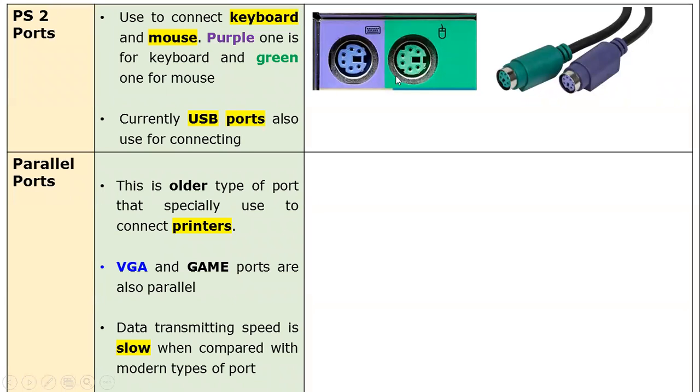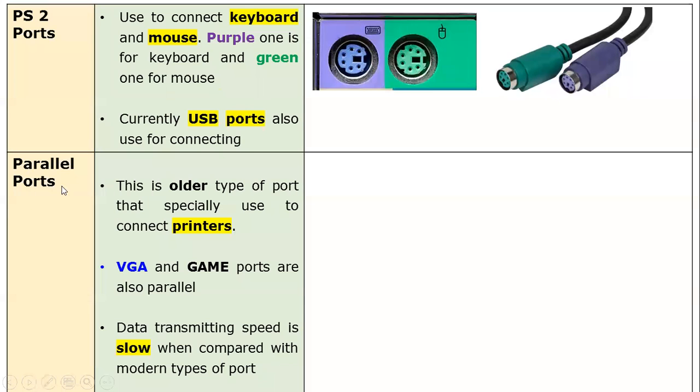In this diagram, on the right side there are two PS2 cables. The green cable should always connect with the green port. The purple cable should connect with the purple port. Remember that point. However, nowadays you can also attach the keyboard and mouse to the USB port.